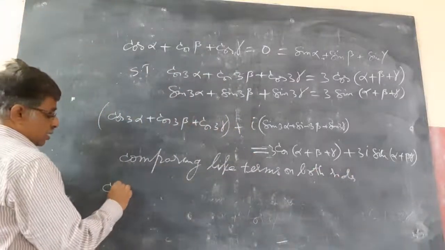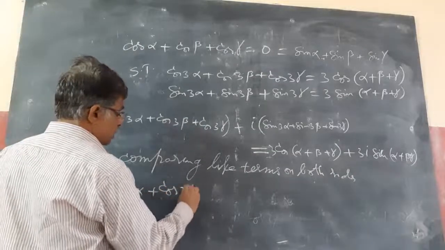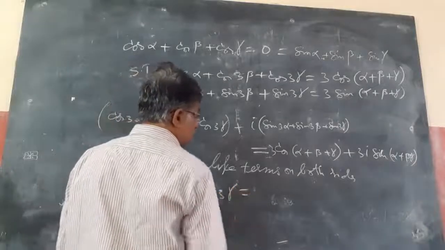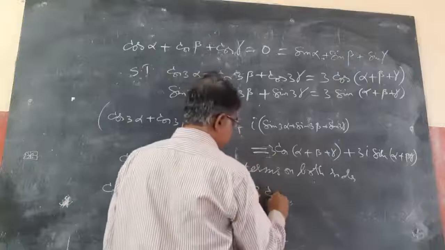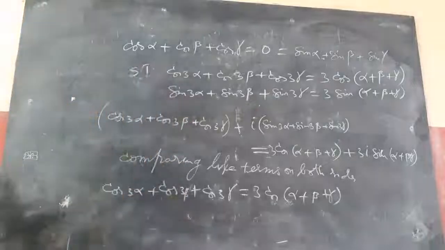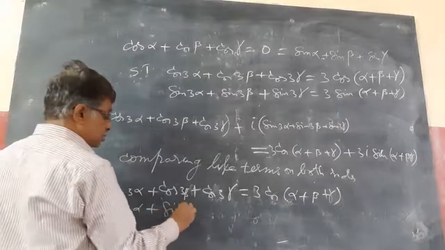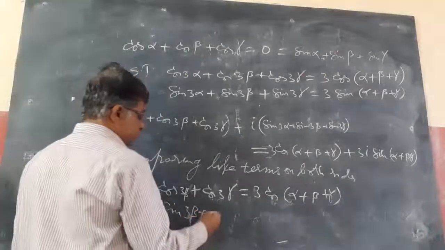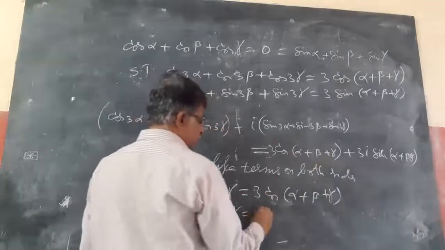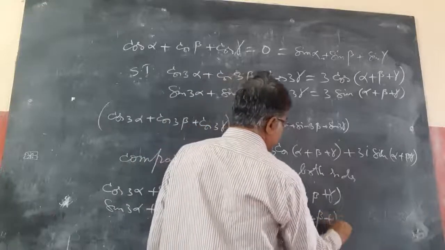This side: cos 3 alpha plus cos 3 beta plus cos 3 gamma is equal to the real part of that side, which is 3 into cos of alpha plus beta plus gamma, and the imaginary part is sin 3 alpha plus sin 3 beta plus sin 3 gamma, which is equal to the imaginary part of that side, 3 into sin of alpha plus beta plus gamma.